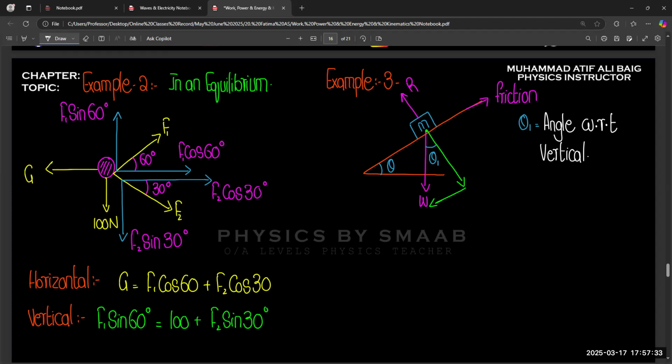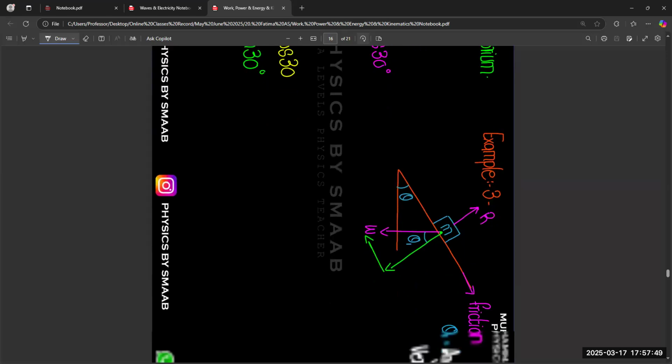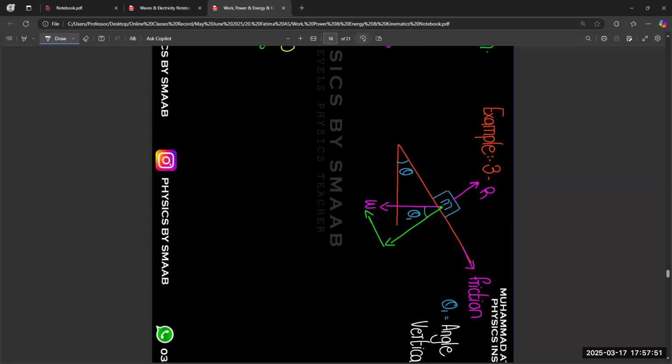So in this scenario, when you get this type of angles, and we are not sure which component will be cos theta and which component will be sin theta, for example, if you rotate this diagram like this, now this is a right angle triangle. In this right angle triangle, this is the base, this is perpendicular, this is hypotenuse, right?